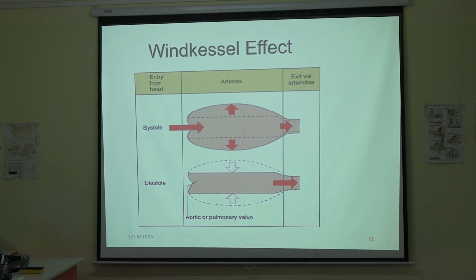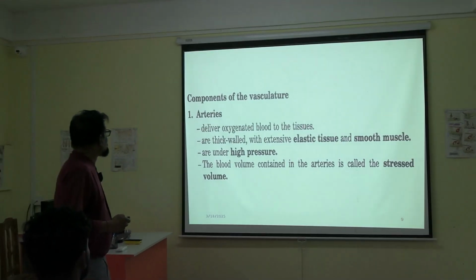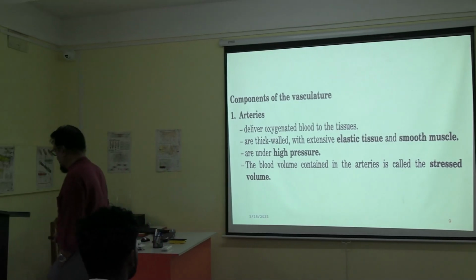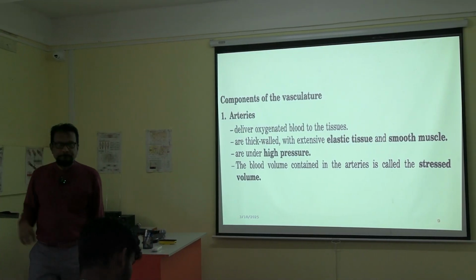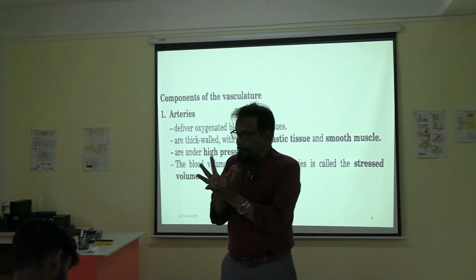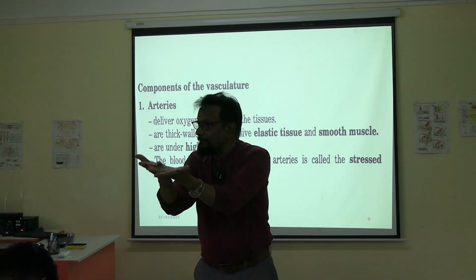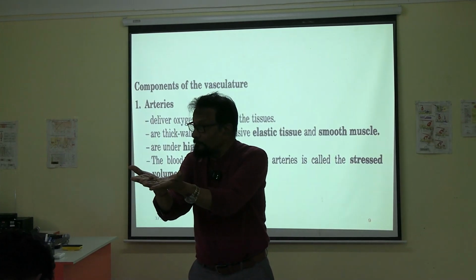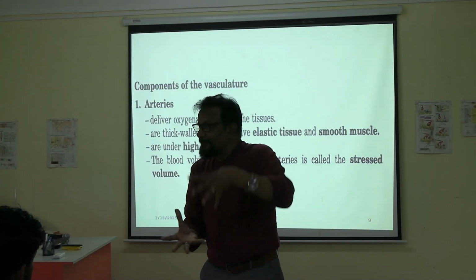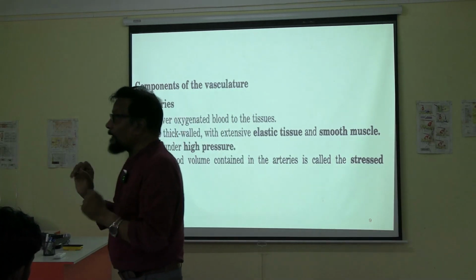Windkessel effect. Before I discuss this, tell me one thing. What is your idea? The left ventricle contracted, some amount of blood was ejected into the aorta. So the aorta is receiving some amount, say 70 ml of blood, in one stroke.